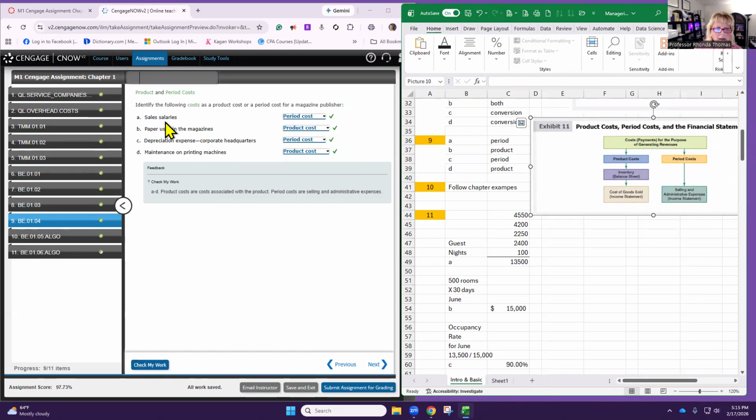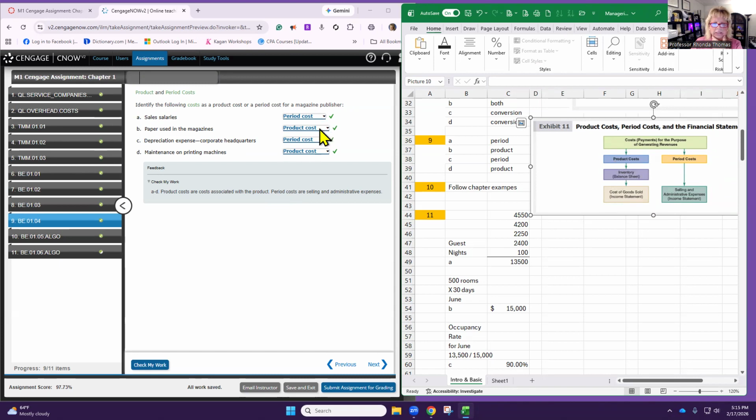Sales salaries, selling and admin fall under the category of period costs, which end up on the income statement. Cost of goods sold ends up on the income statement too, but it starts with the balance sheet on inventory. So sales salary is going to be a selling expense, so it's period.